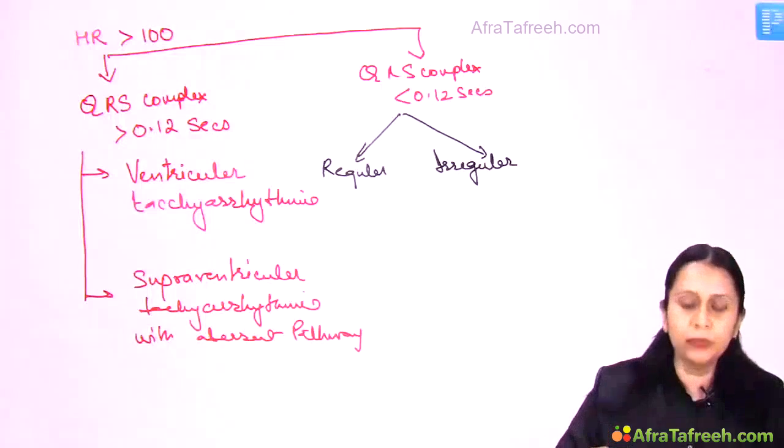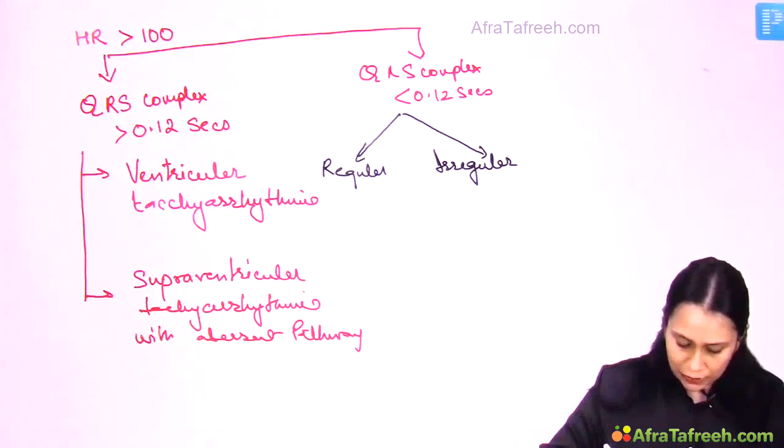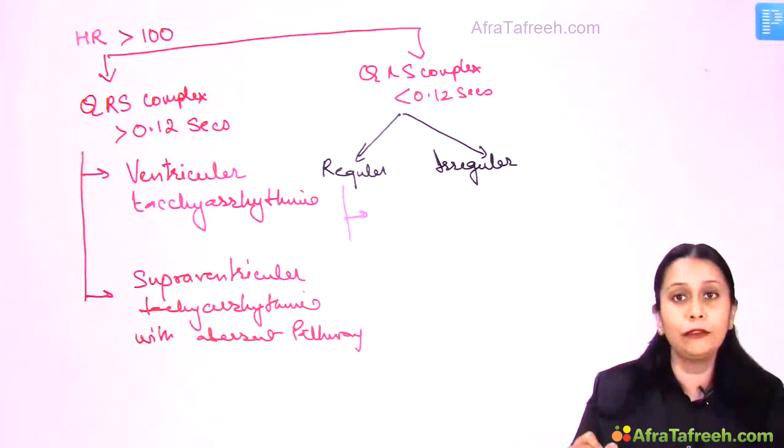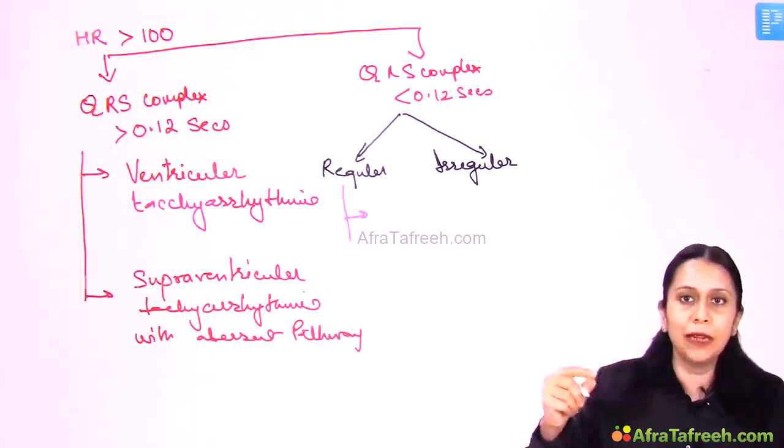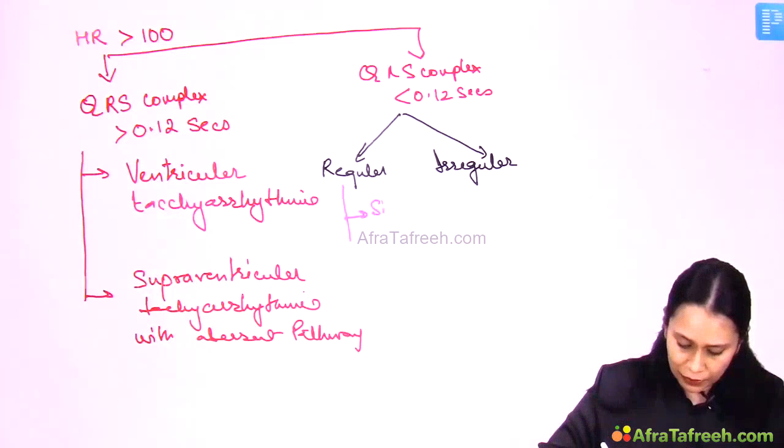So if the rhythm is regular, then there are two possibilities. If we can see P waves followed by QRS complex, that is a sinus pattern, then we call it sinus tachycardia.